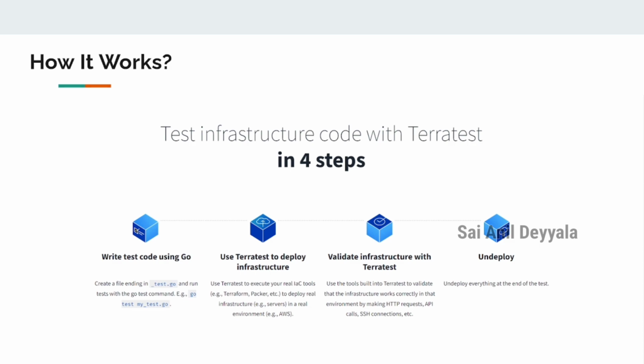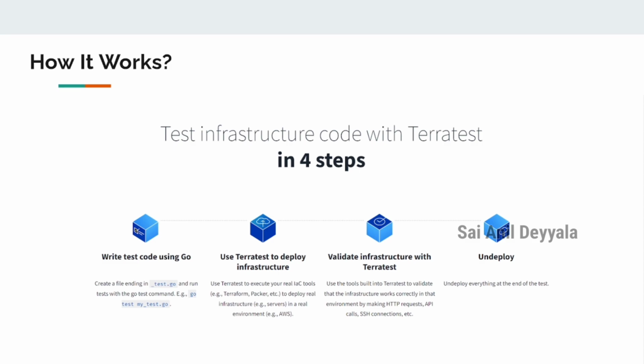Now let us see how Terratest works. We test infrastructure code with Terratest in 4 steps. First of all, we need to write Terratest test cases in Go language, and then Terratest itself deploys the infrastructure. So we don't need to deploy the infrastructure manually. Once we run Terratest, it will deploy the infrastructure and validate it.